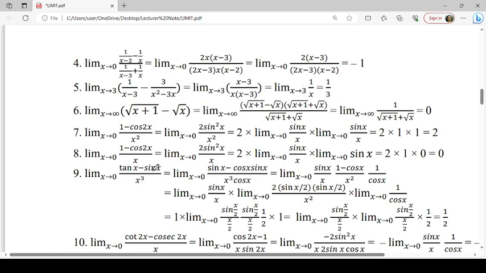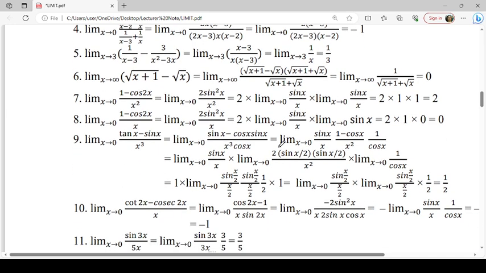Then tan x minus sin x, we are simplifying this to get x cube in the denominator, it is sin x by cos x minus sin x. After simplification, sin x is taken common, sin x by x, then 1 minus cos x by x square, and cos x is separated. Then 1 minus cos x is written in terms of 2 sin square x by 2.